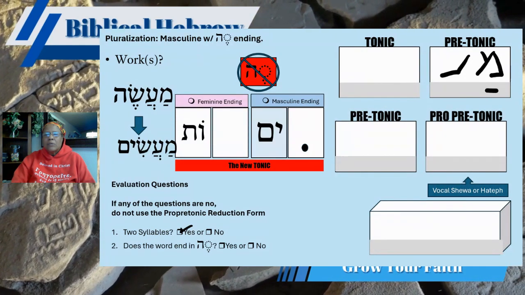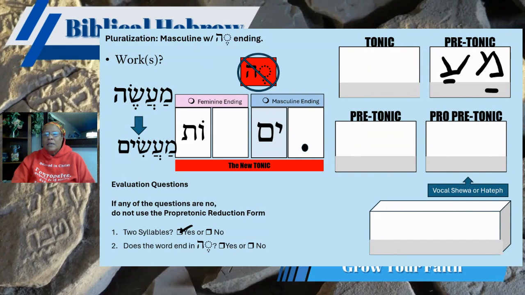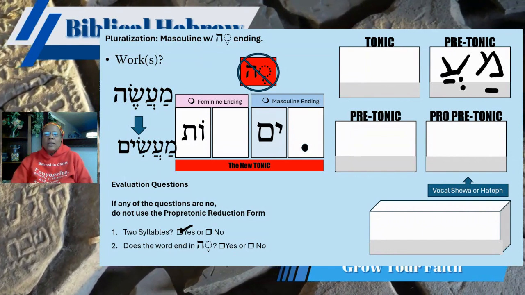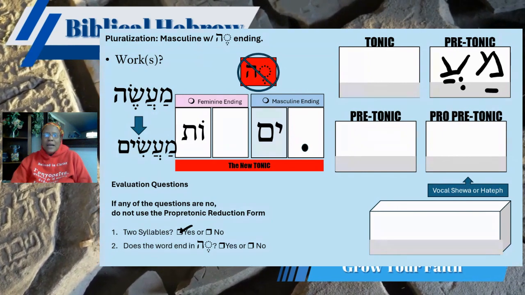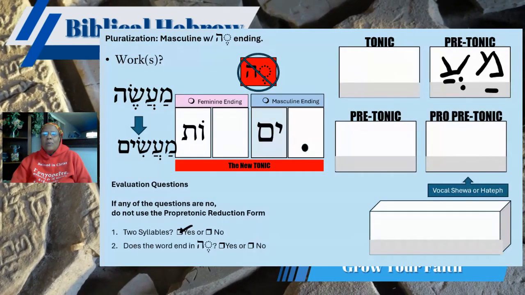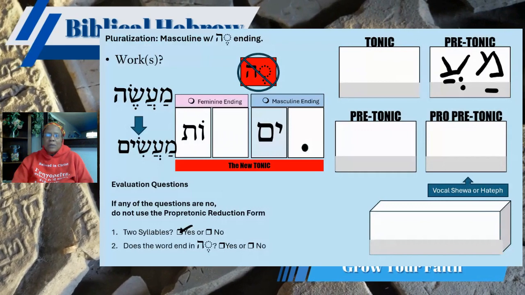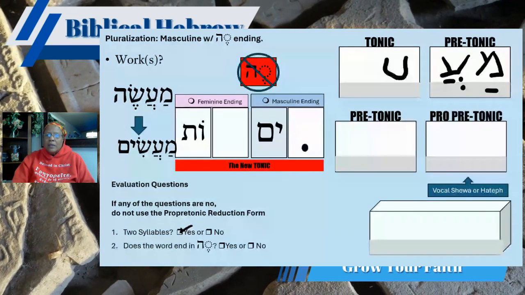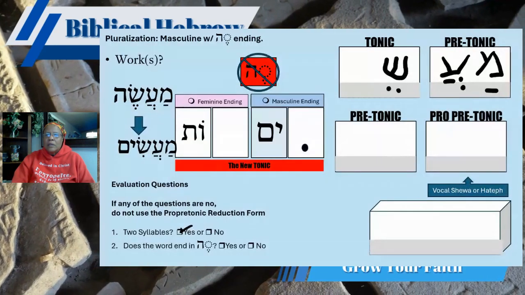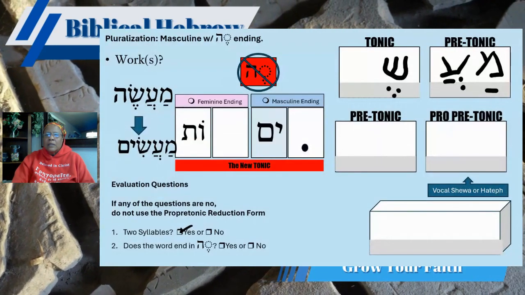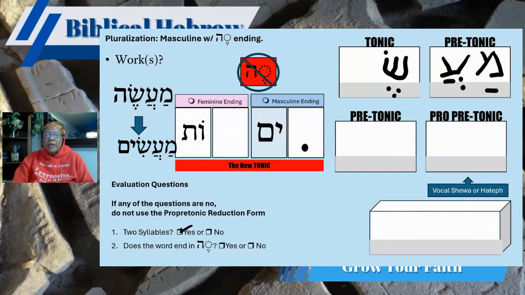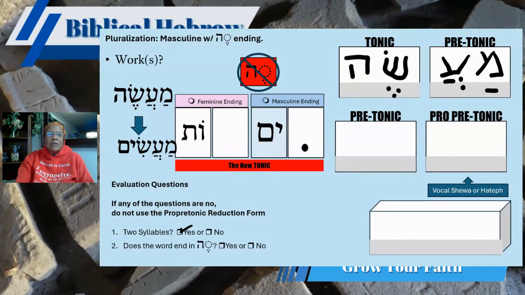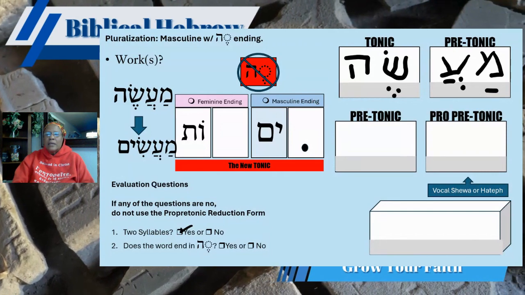I'm just going to stick it with the pretonic, even though it's really a propretonic and a tonic. I'm just going to put it all up here for the sake of pattern. We got the sin, okay, and so here's your telltale sign. You know that that's going to go away.